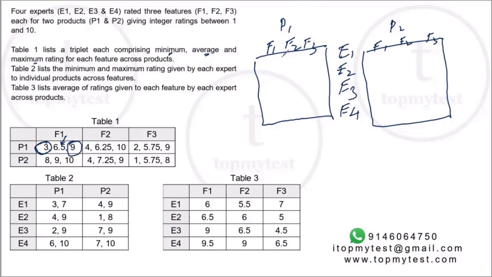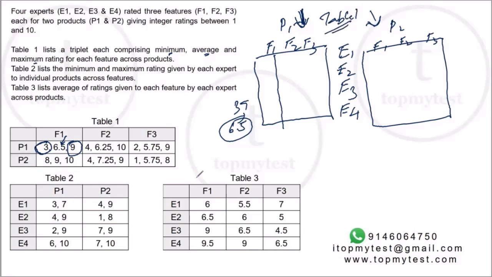So P1's feature 1, across the 4 experts, the minimum was 3. One of them gave a 3, one of them gave a 9, and the overall average was 6.5. If you take the average of these 4 ratings, it will be 6.5. Similarly, for feature 2 we have the values, and feature 3 we have the values. So table 1 is basically column-wise information across the 2 products. Right, this is table 1.